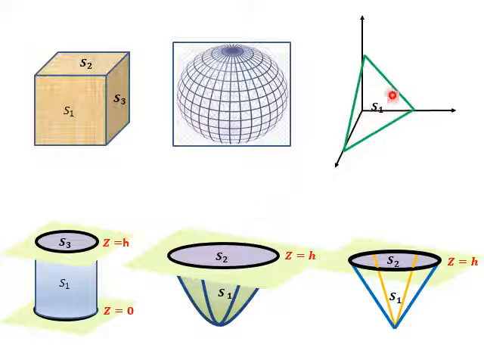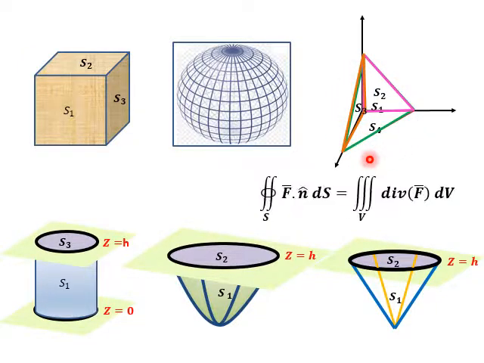If we want to compute the flux using the divergence theorem, then we have to cover this plane with the left plane S2, the right plane S3 and the bottom plane S4. So S1, S2, S3, S4 put together form a piecewise smooth closed surface.